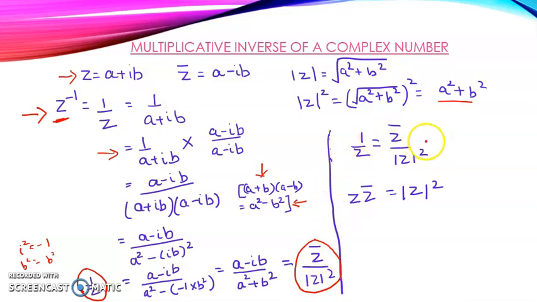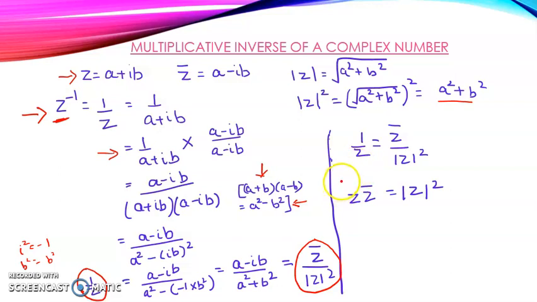Now see this relation, 1 upon z is equal to conjugate z upon square of the modulus. I have given you the derivation for this, so you should know. This is important, that is why I have explained it.